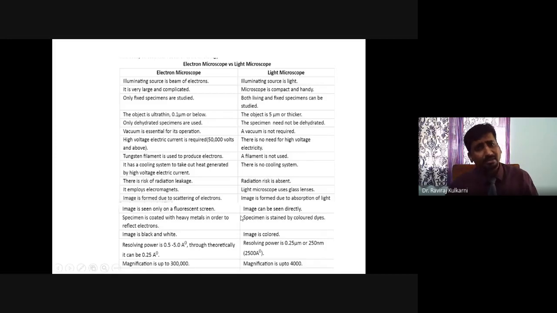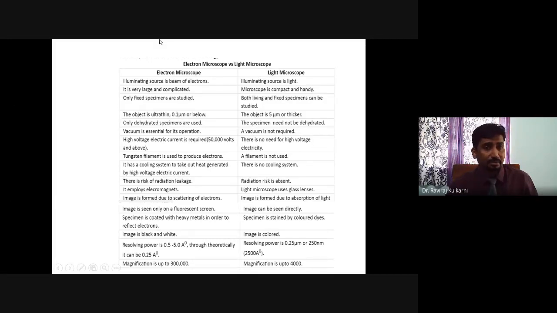In case of light microscope, the specimen is stained by colored dyes. In case of electron microscope, the image is black and white, no color image, whereas in light microscope, you get a colored image.